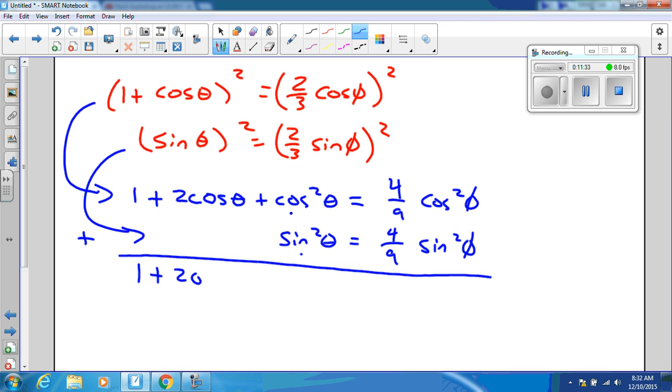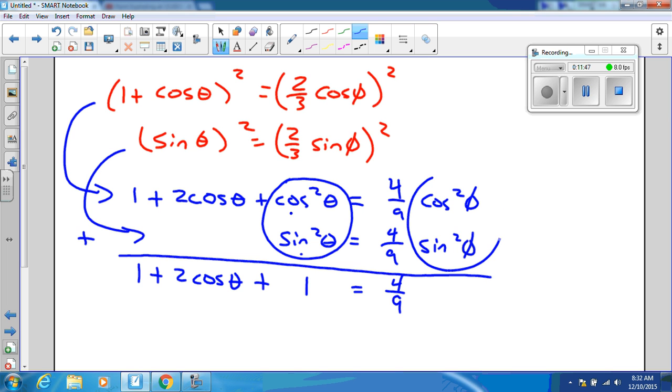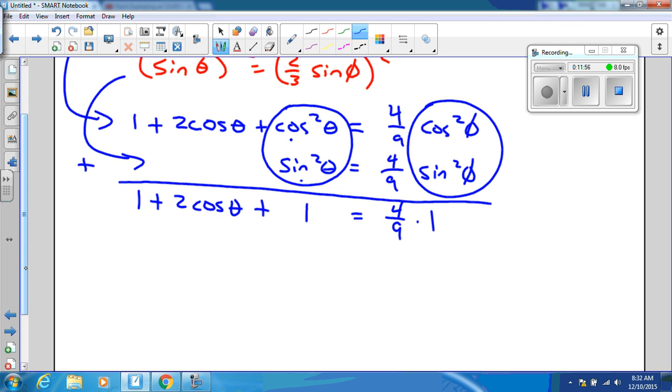And that's because when I now add the bottom equation to the top, something wonderful happens. Using the Pythagorean identity, these two add together to give me exactly 1. And when I use the Pythagorean identity again, these two add together to give me exactly 1.